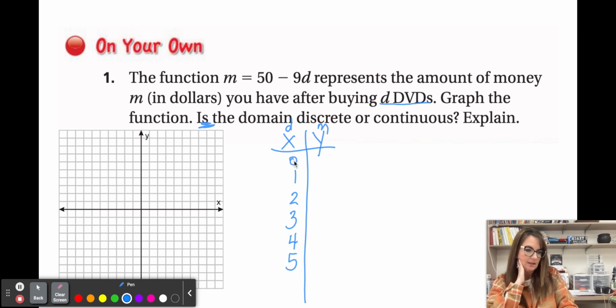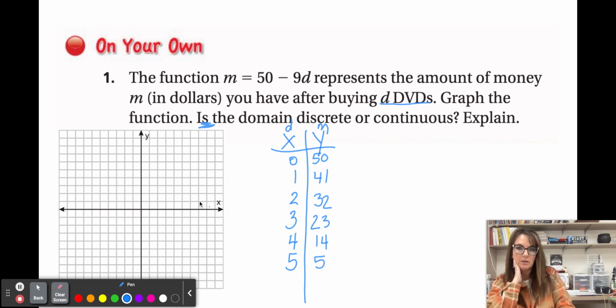So if you plug in 0, 50 minus 0 is 50. Then we have 50 minus 9, which is 41, and 50 minus 18, and 50 minus 27, and 50 minus 36, and then 50 minus 45.